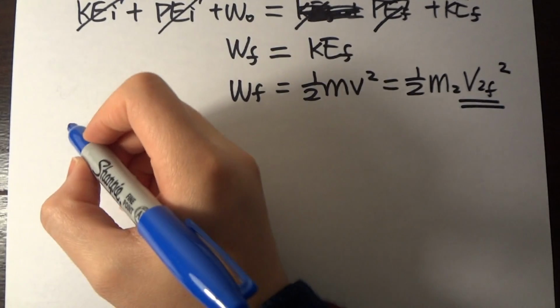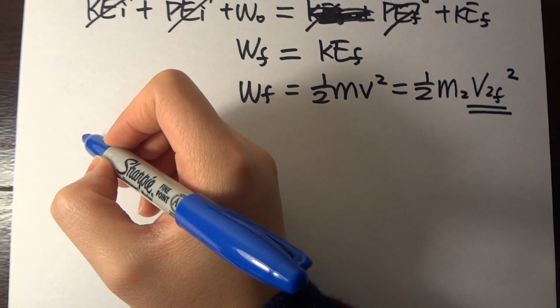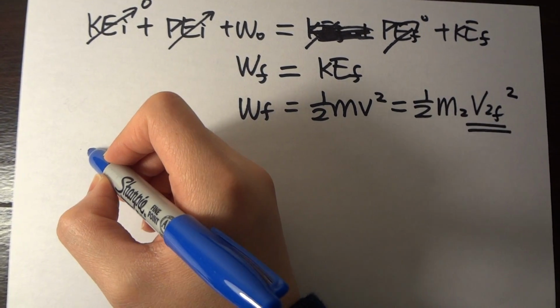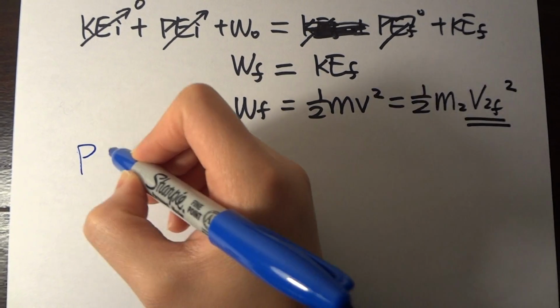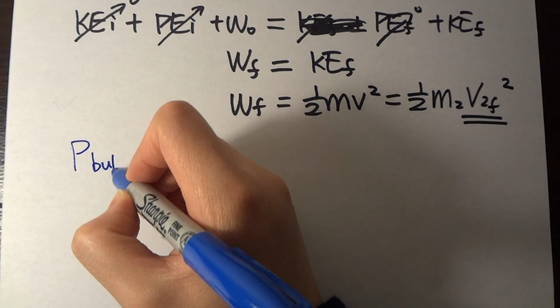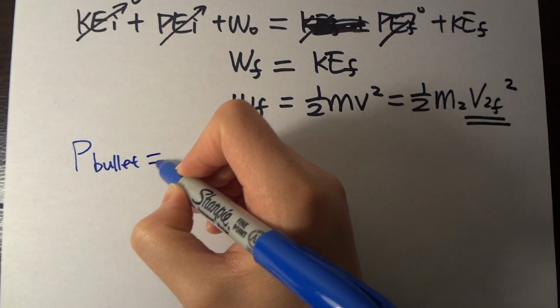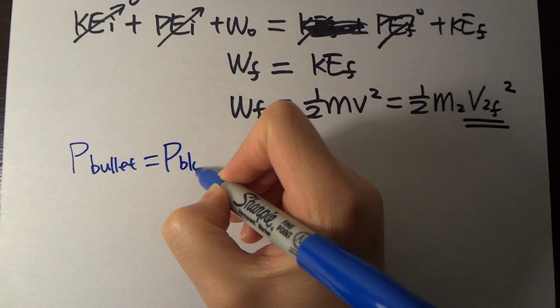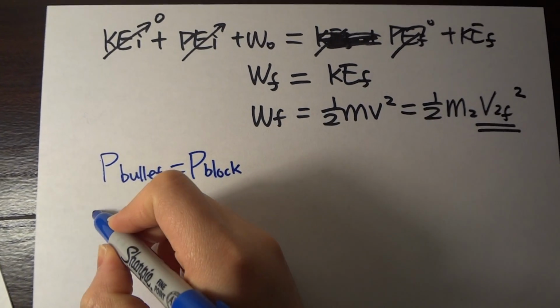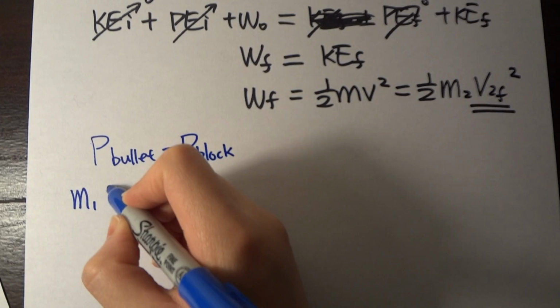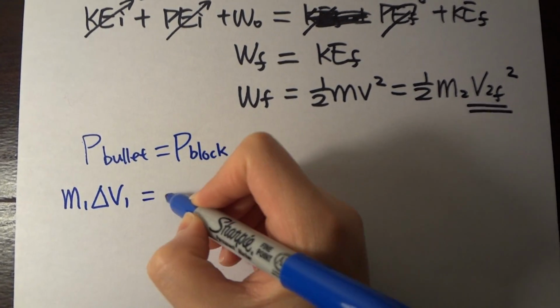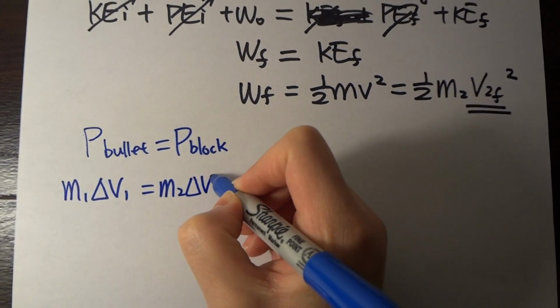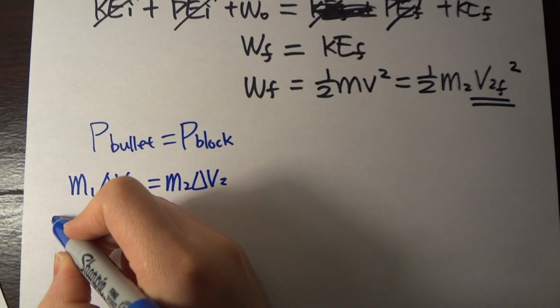What we can do is use the momentum to find the velocity of the block. We know that the momentum lost by the bullet is equal to the momentum gained by the block. So M1 change in V1 is equal to M2 change in V2.